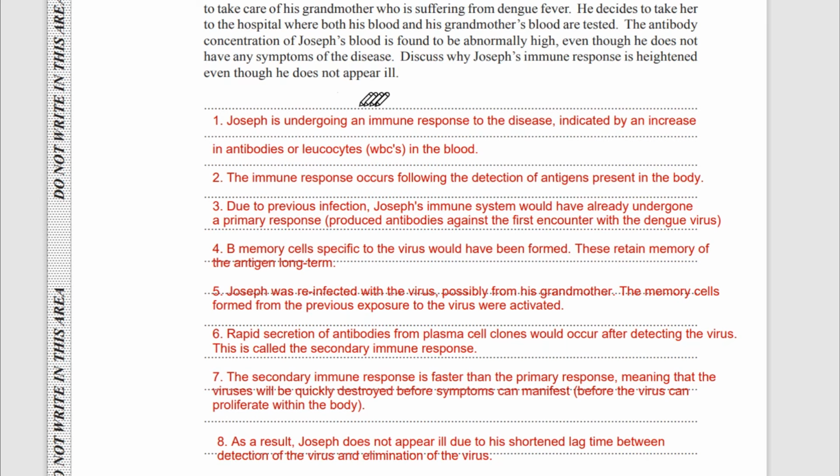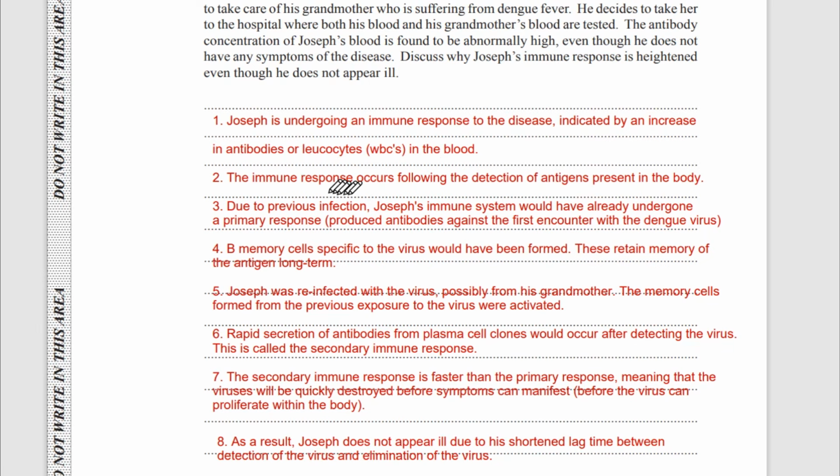Joseph is undergoing an immune response to disease. Of course, that's why his antibody concentration is high. So this will be an increase in antibodies and leukocytes, or white blood cells, in the blood. The immune response occurs following the detection of antigens present in the body, the antigen in this case being on the dengue virus itself.